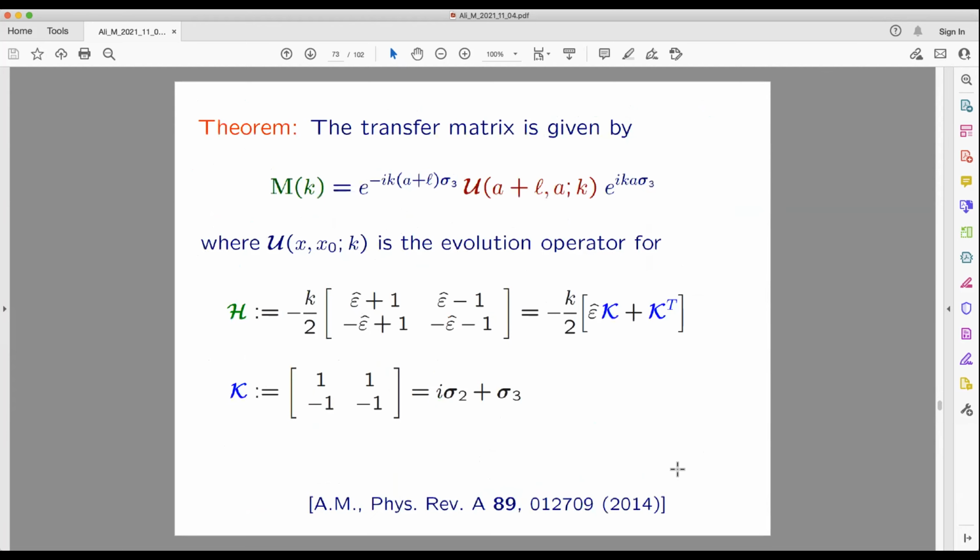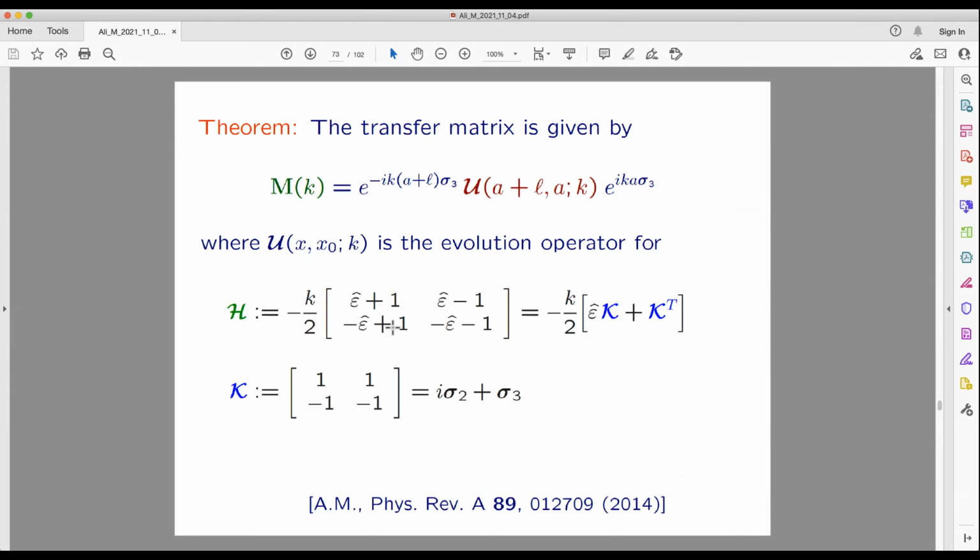Now, it turns out that this transfer matrix I could write in terms of the evolution operator for this Hamiltonian. This is a little different from the other Hamiltonian I gave you at the beginning. Actually, in 2013, I first came up with this Hamiltonian. And then from this, I got the other one.